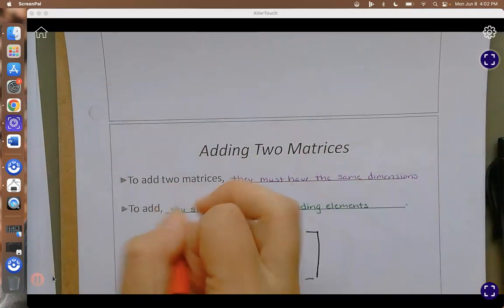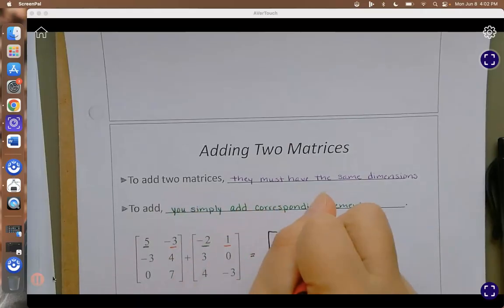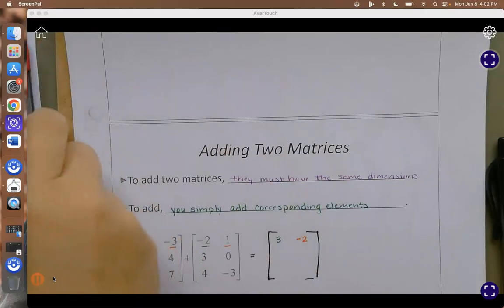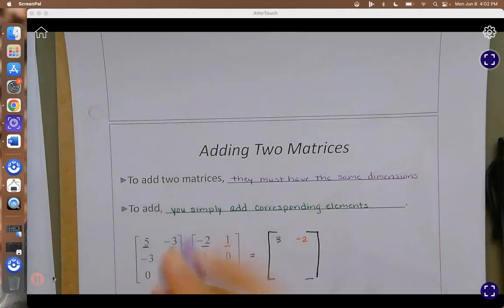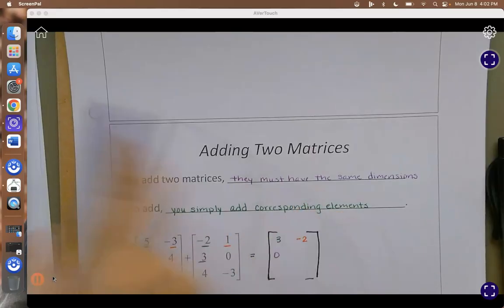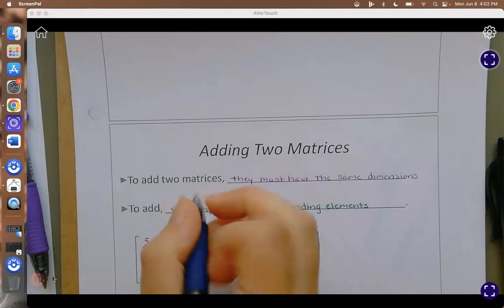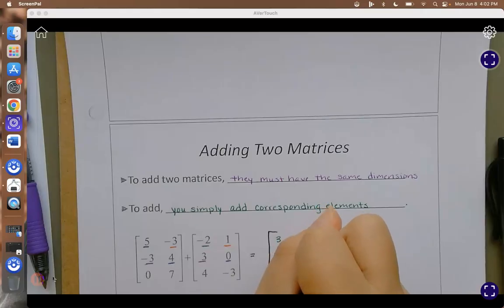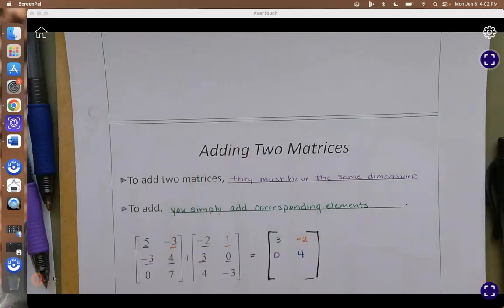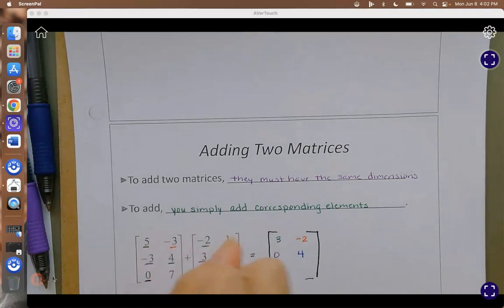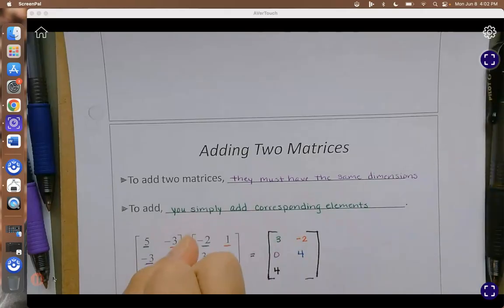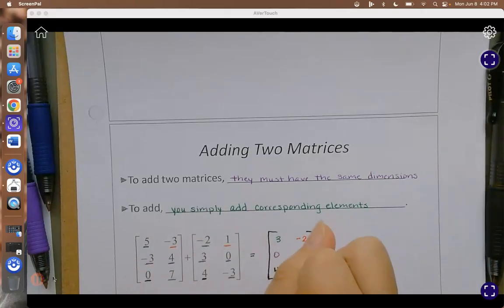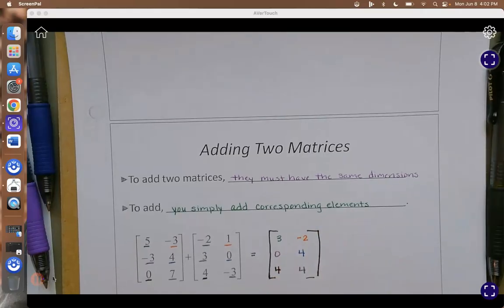All right, let's do a -3 and a 1, is -2. -3 and 3 is 0. 4 and 0 is 4. Let's do 0 and 4, which is 4. 7 and -3 is 4. And that's all you've got to do.